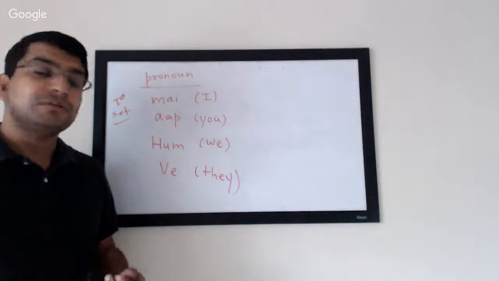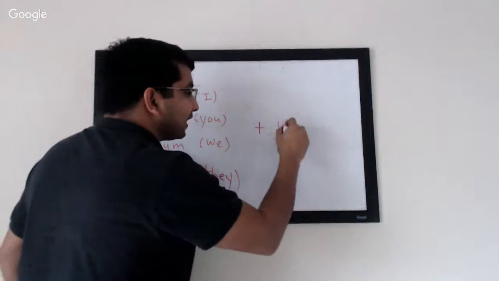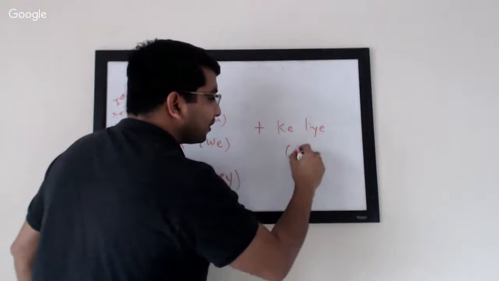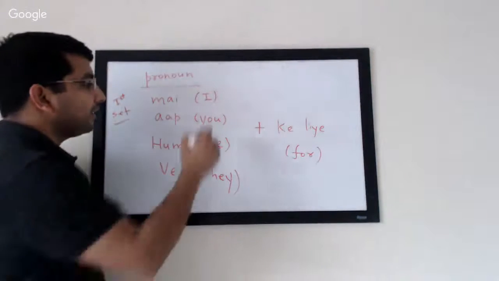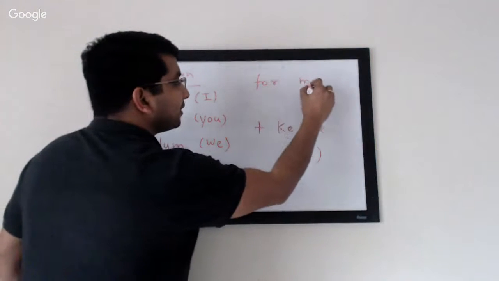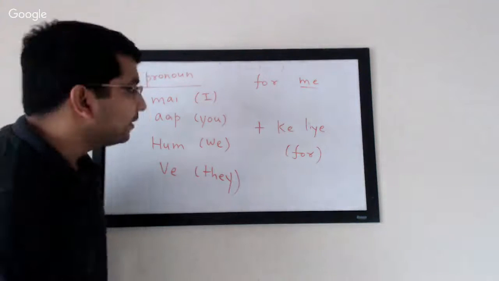But these pronouns also change if you're using any post position after them, like के लिए, for. In English also you'll say for me. You're no longer saying for I, right?